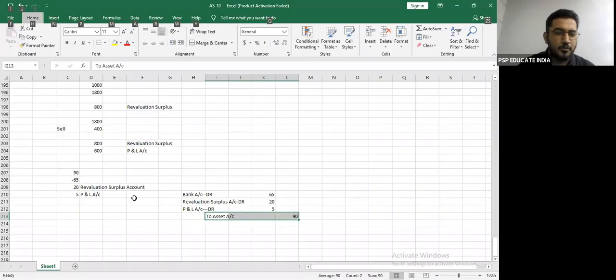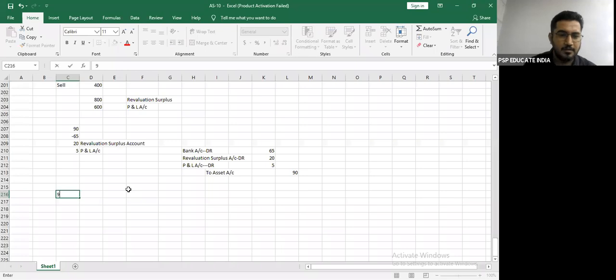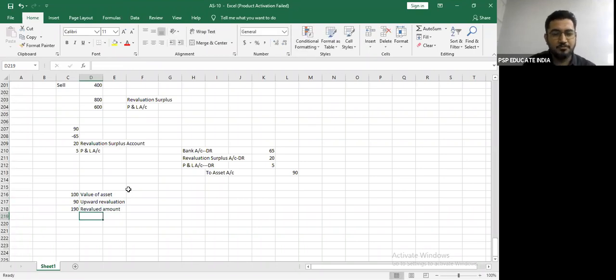Let me make another question for you. Suppose the value of the asset is 100. You revalue upward by 90. So your new value becomes 190. So this is value of asset, upward revaluation, revalued amount. Can you tell me where will this 90 go?